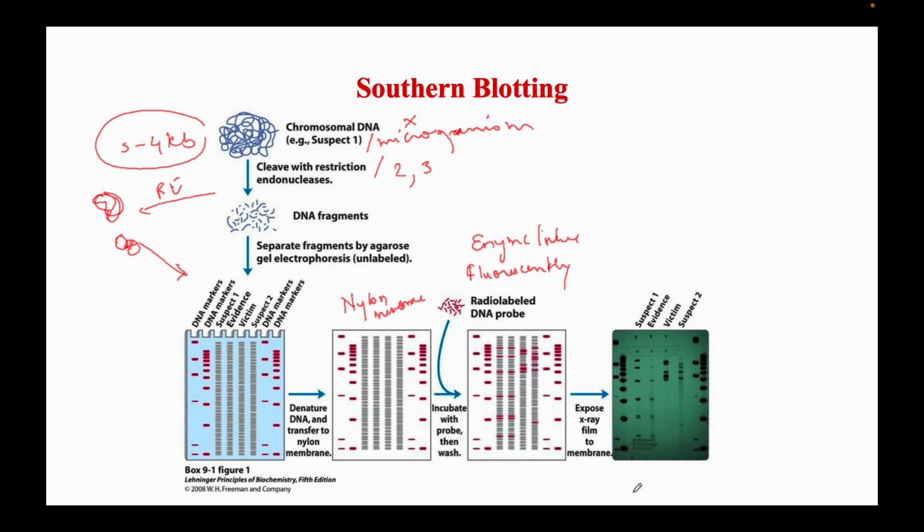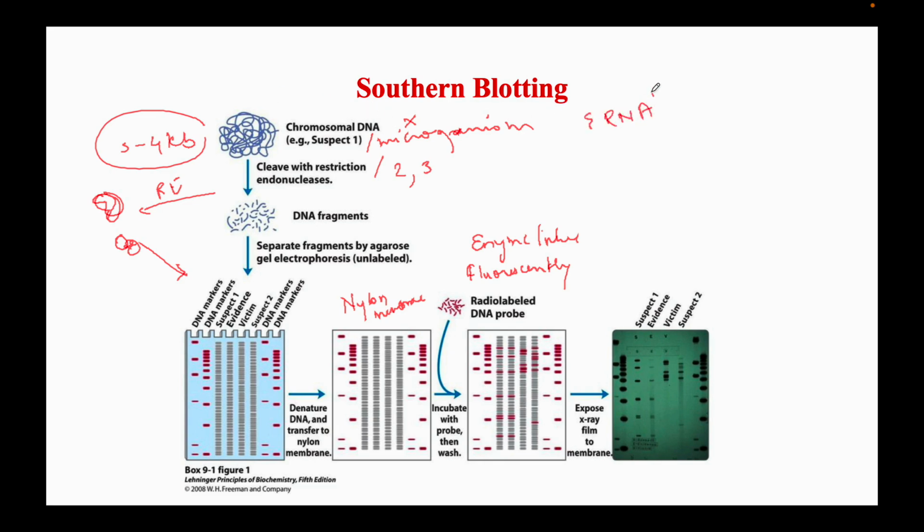Or we could use a FAM labeled probe and see the fluorescence under the scanner, which scans the fluorescently activated probes. This is also an example of nucleic acid hybridization. Northern blotting is where, instead of chromosomal DNA, we have RNA.